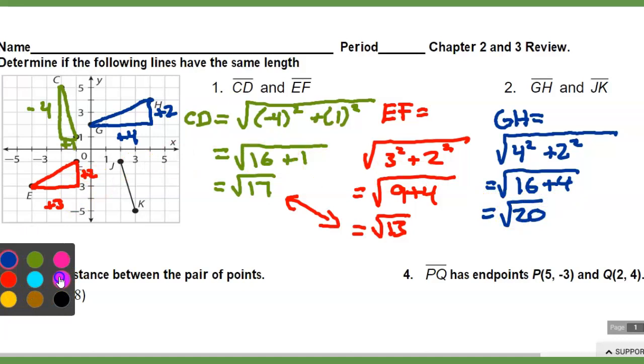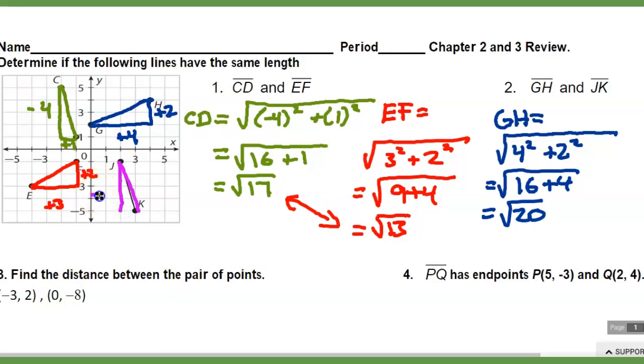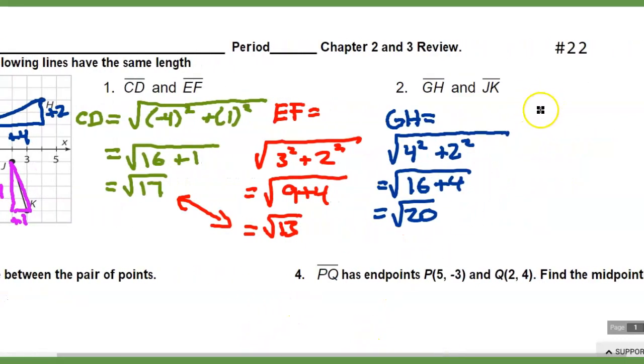All right. And lastly, we have JK, which has a rise of negative 4 and a run of 1. So we have negative 4 squared plus 1 squared.